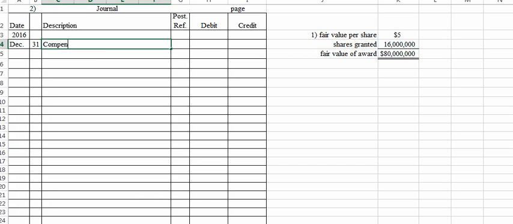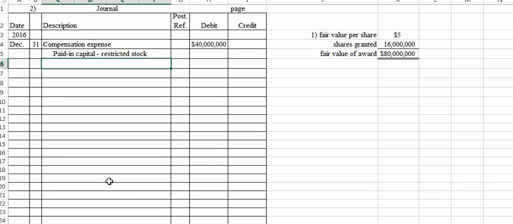So we'll say compensation expense for half of the 80 million, or 40 million. Okay, and at this point we're also going to credit paid in capital restricted stock.